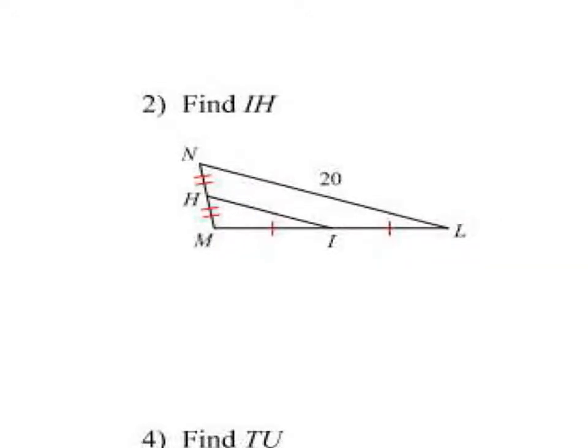On number 2, we're looking for the midsegment. We have the third side, which is 20. I know the midsegment is half the third side, so HI has to be half of 20, which is 10.